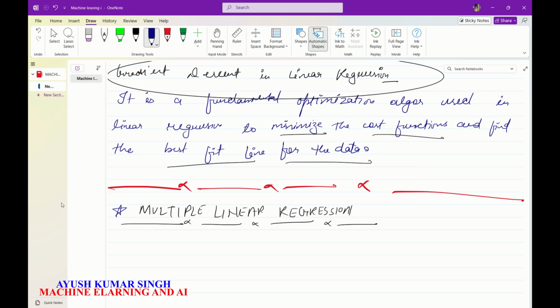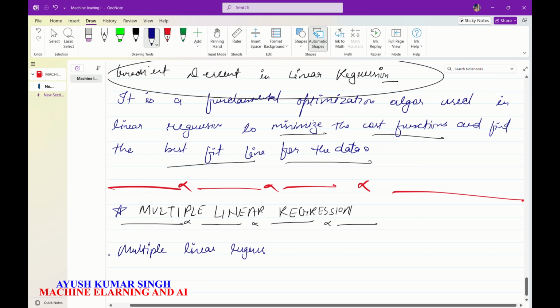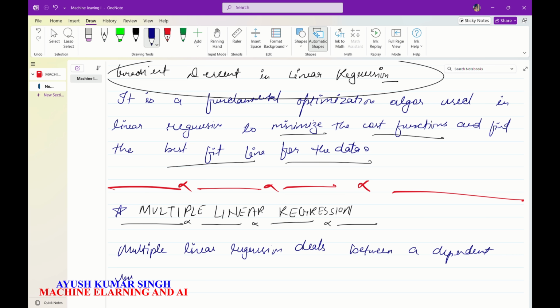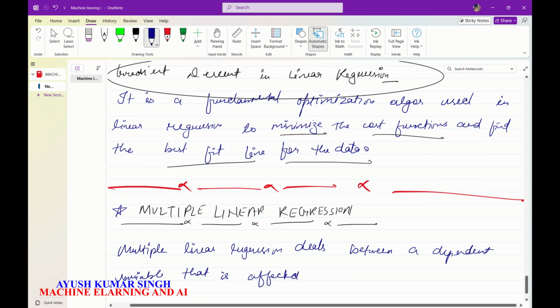Multiple regression is the same as linear regression, but the difference is that it deals with a dependent variable that is affected by more than one factor. So basically multiple linear regression deals with a dependent variable that is affected by more than one factor.